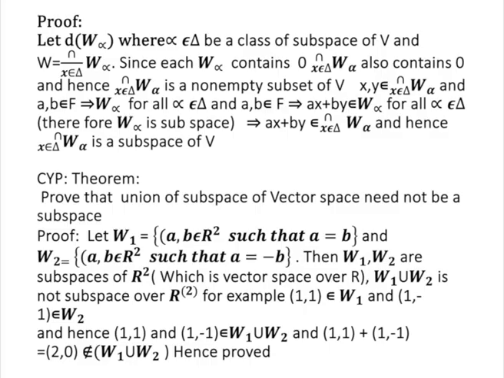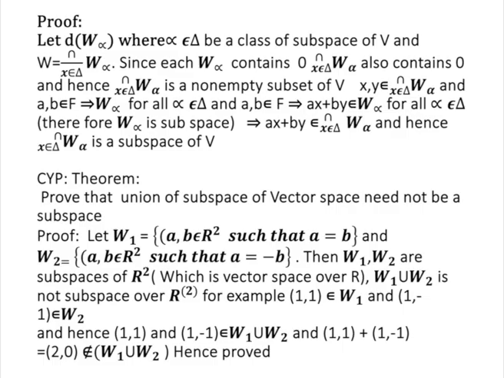Since each W alpha contains 0, the intersection is a non-empty subset of V. Let x, y belong to the intersection and a, b belong to F. That implies ax plus by belongs to W alpha for all alpha, since each W alpha is a subspace.